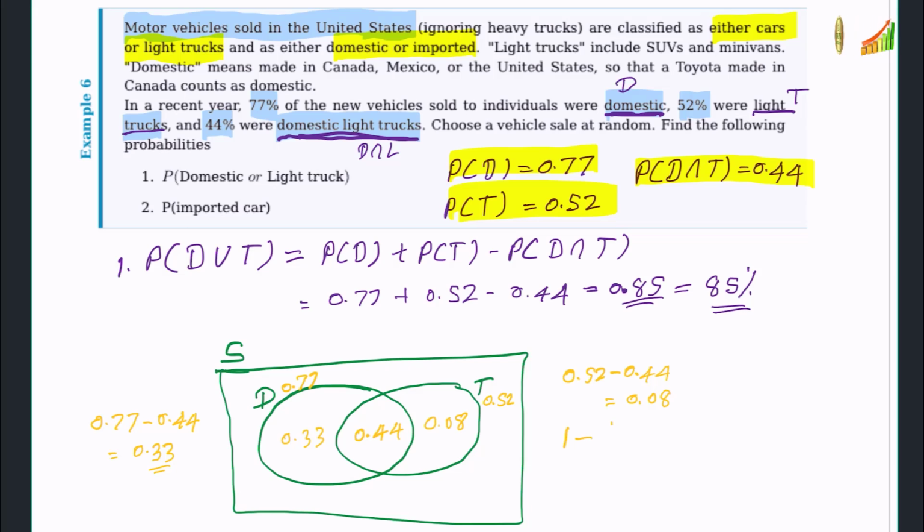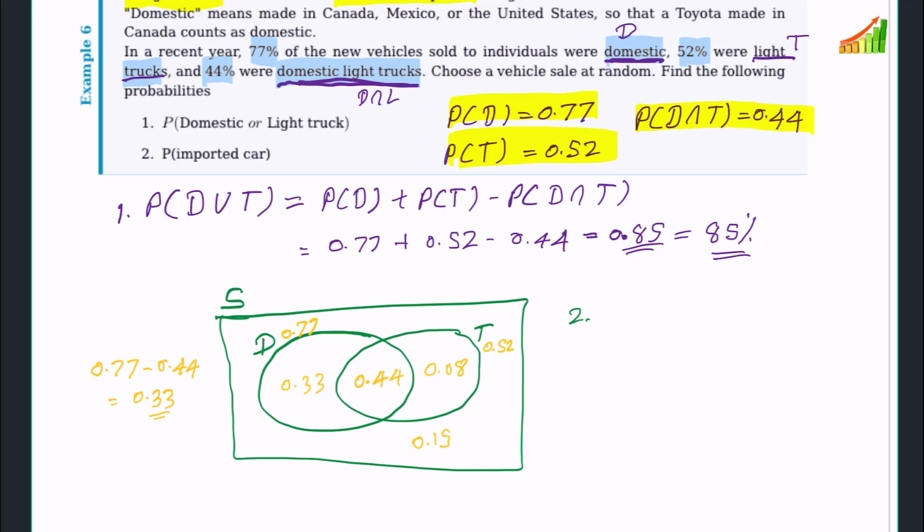Then 1 minus summation of the rest, 0.33 plus 0.44 plus 0.08. So then what is the answer? It is 0.15. Therefore, 0.15 should be out of the circles. So this is the complete Venn diagram for this example.